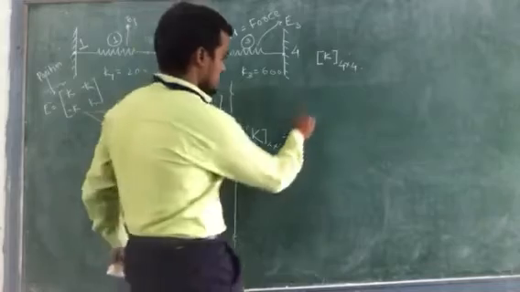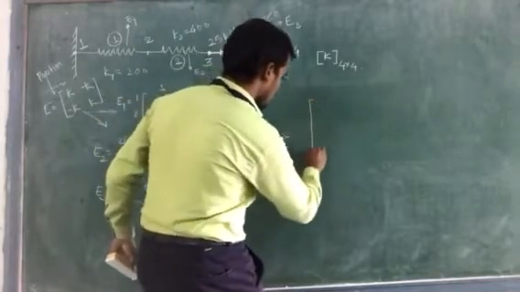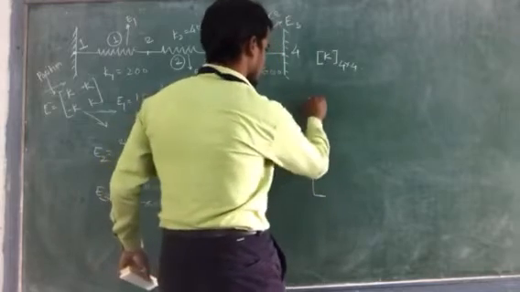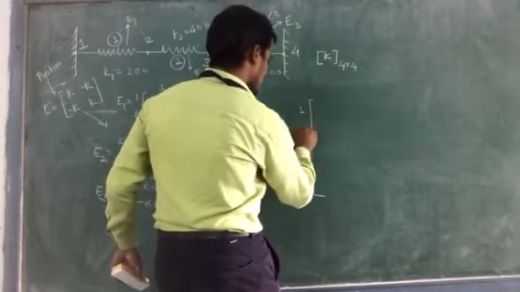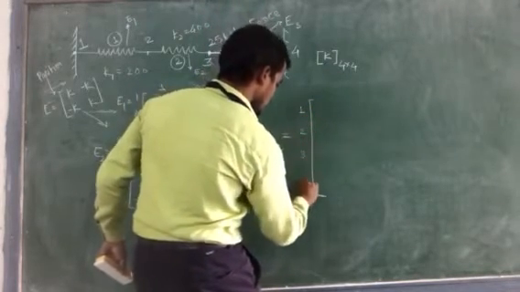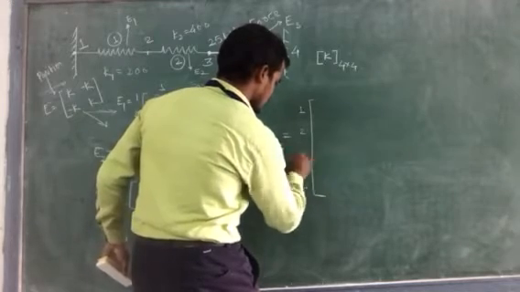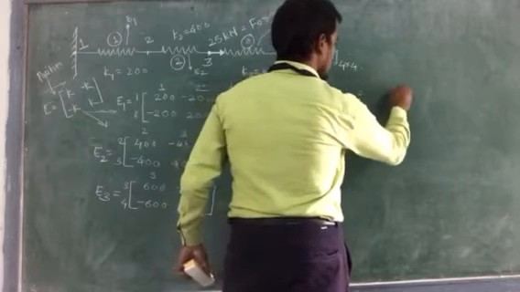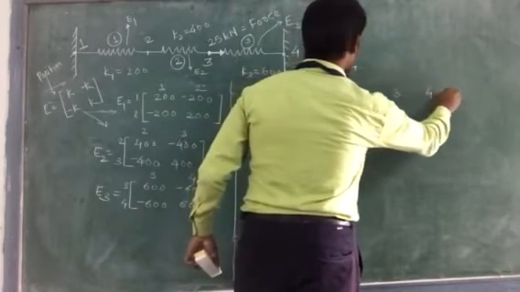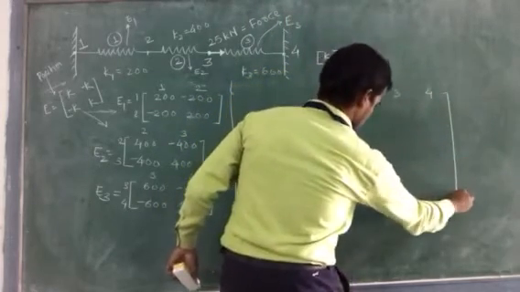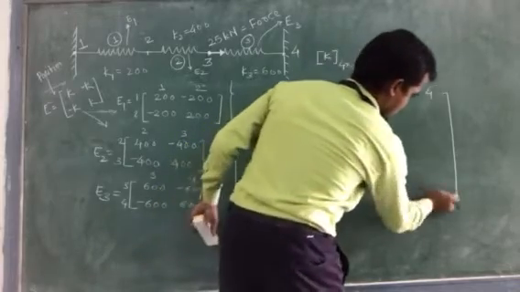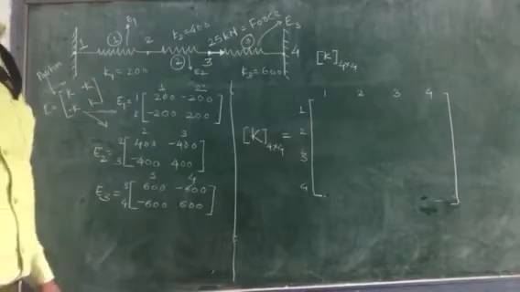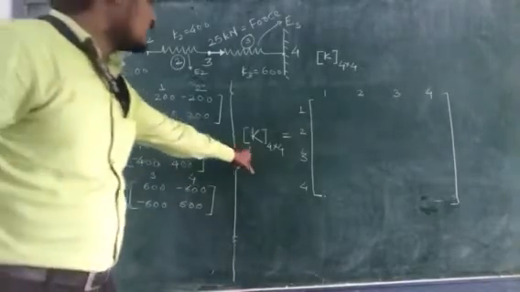So write down the 4 by 4 matrix, with columns 1, 2, 3, 4 and similarly rows 1, 2, 3 and 4. So this is the global stiffness matrix.